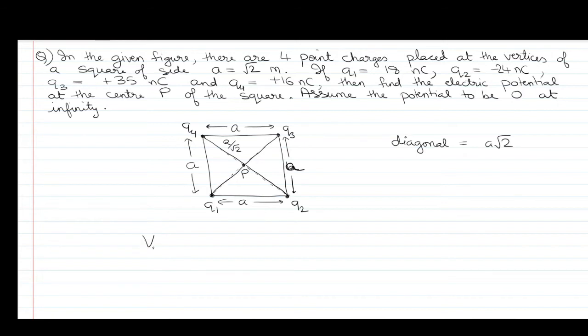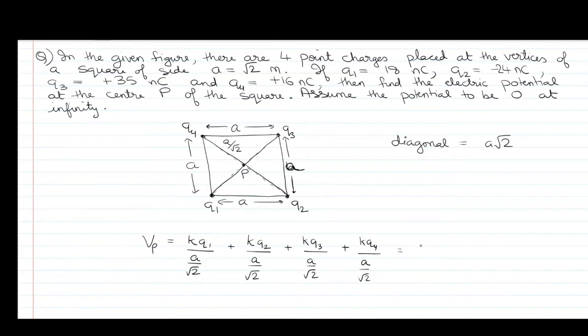So the potential at the point P will be k q1 upon a by root 2, plus k q2 upon a by root 2, plus k q3 upon a by root 2, plus k q4 upon a by root 2.